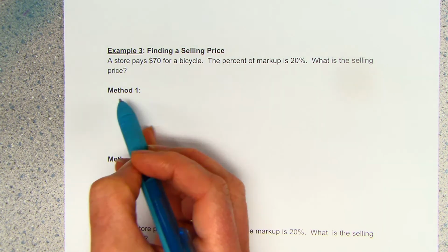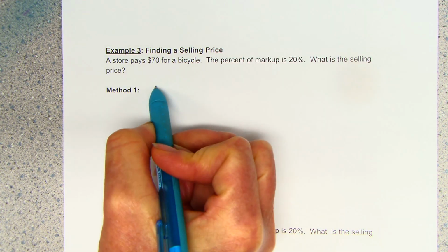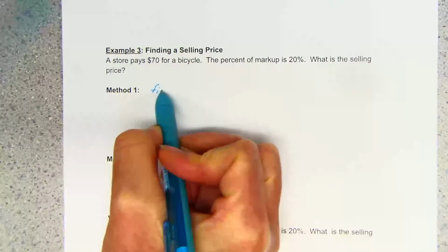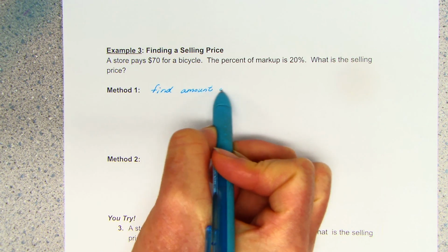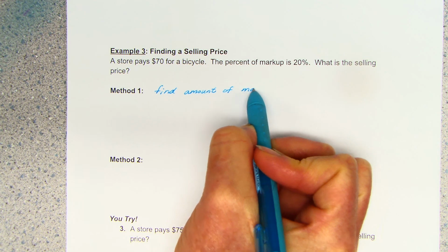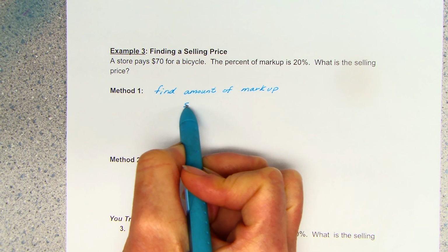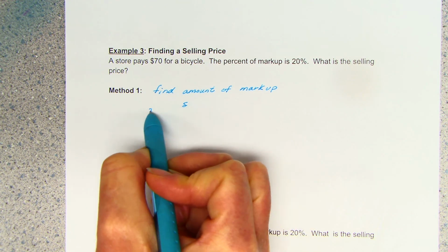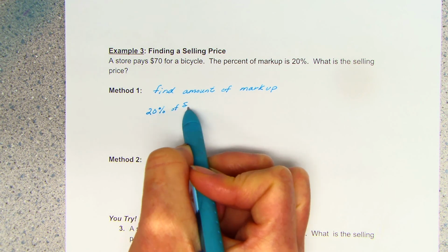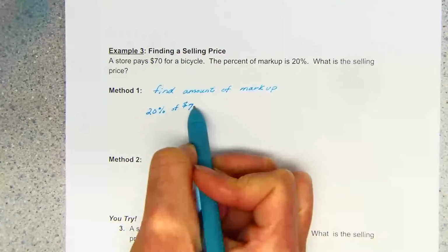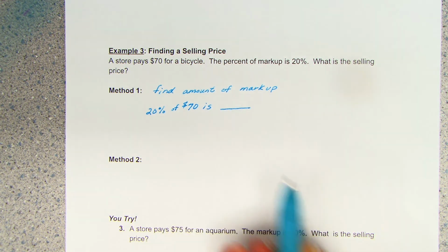Okay, so for method 1, you can find the amount of markup. So that is 20% of $70 is what number? Right?